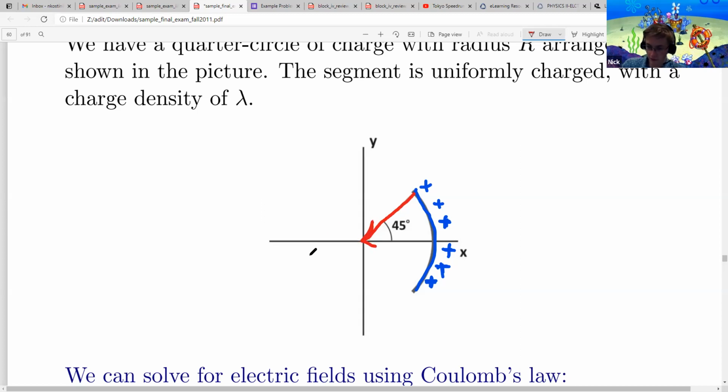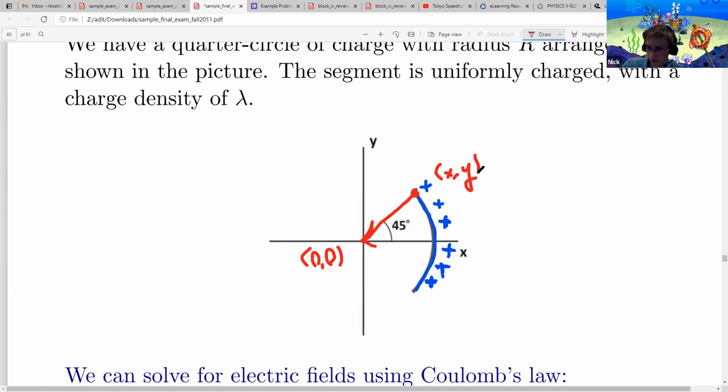And I like to always do this in terms of coordinates because it's a general approach that always works. So the coordinates of my origin are just going to be 0, 0. And then the coordinates of my quarter circle, well, it's along a circular arc. So any point along here is going to have some x coordinate and some y coordinate.